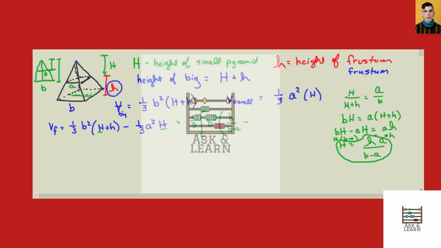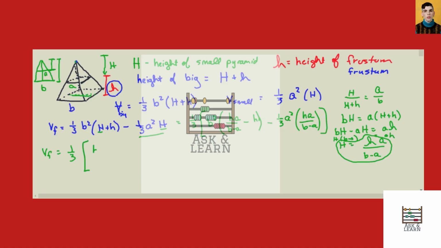Okay, so I'm replacing big H with little h A over B minus A, minus little h, minus the 1/3 A squared times big H. Okay, so that becomes 1/3 of, let's see, everybody has an h in them, all the terms.